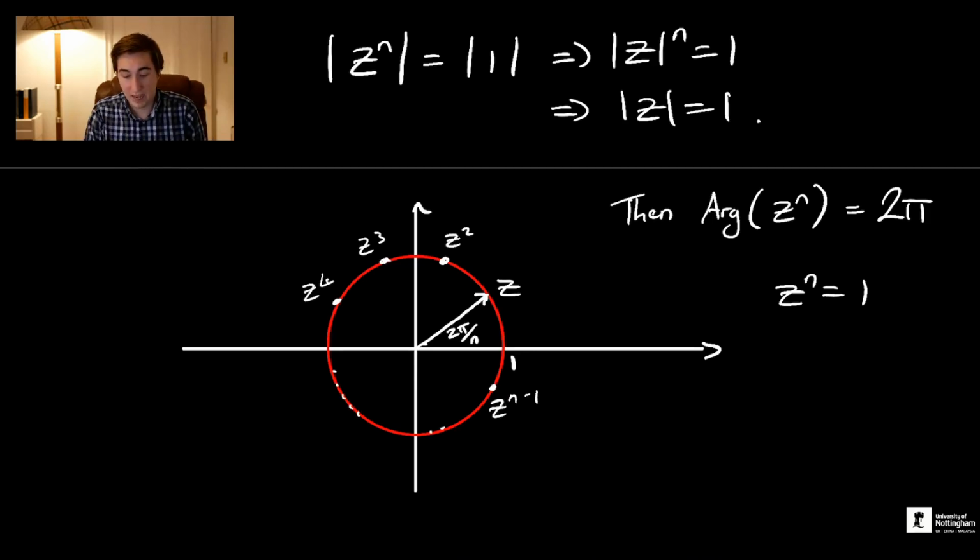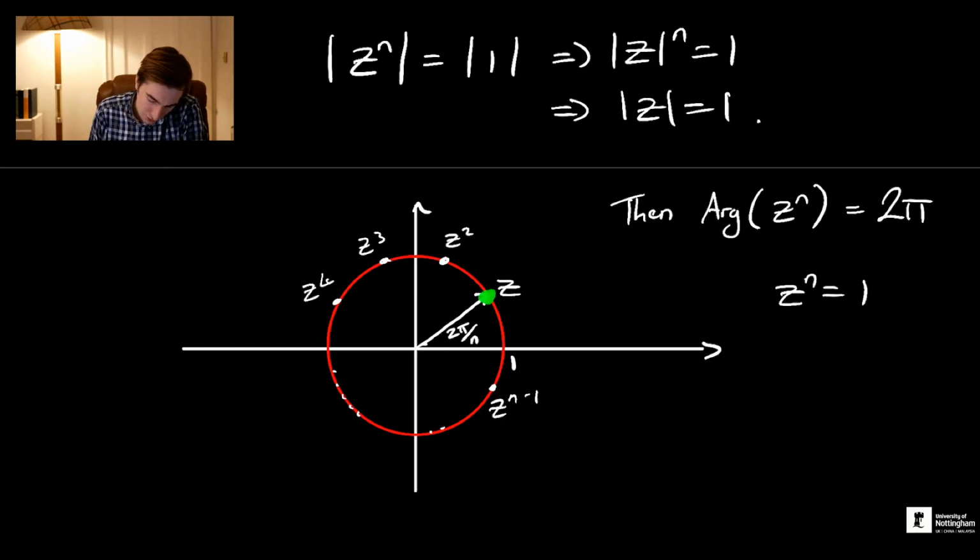In other words, I find that I get n many solutions. I've got 1, 2, I go around, I've got n many solutions to the equation z to the power of n equals 1. So there are n many roots of unity to a polynomial of the form z to the power of n equals 1 in the complex plane. And we see there's a nice relation to geometry here. What shape do our complex numbers form around the complex plane?